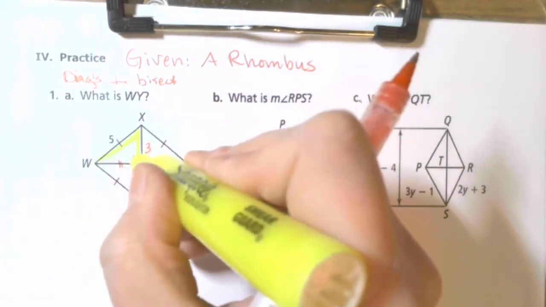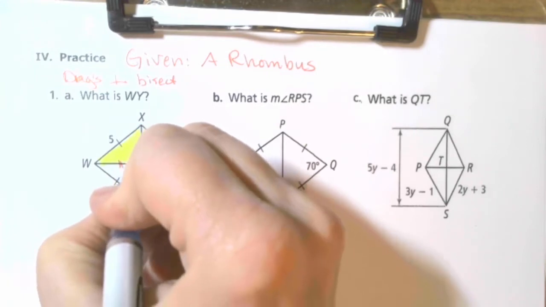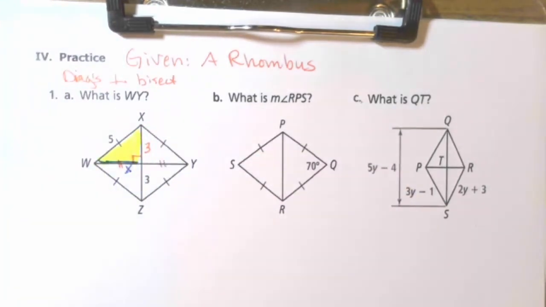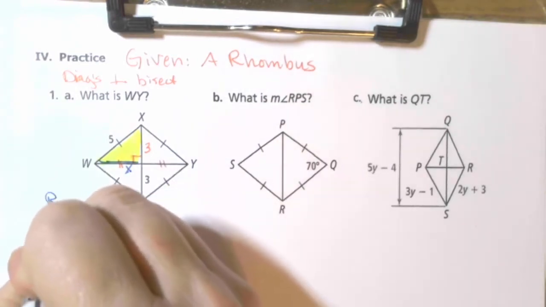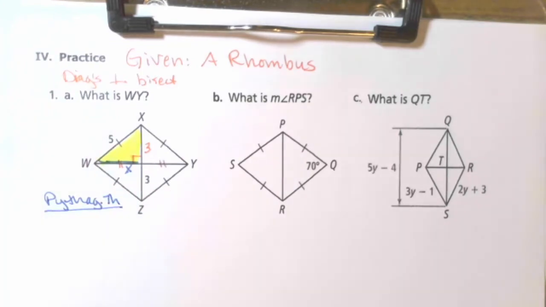This gives us a nifty little right triangle, and if we can figure out x, what this side is, we can double it and get WY. So to find that, we're going to use the Pythagorean Theorem, because it is a right triangle.